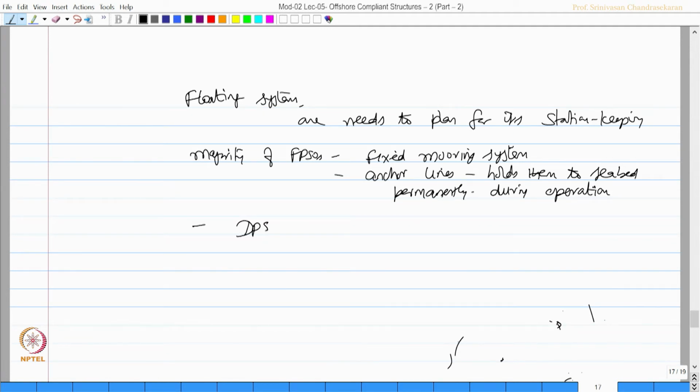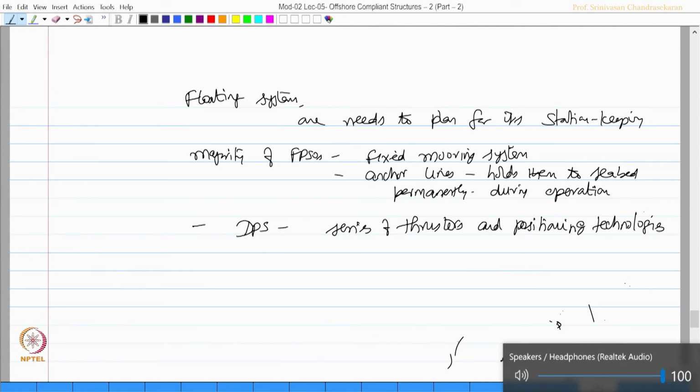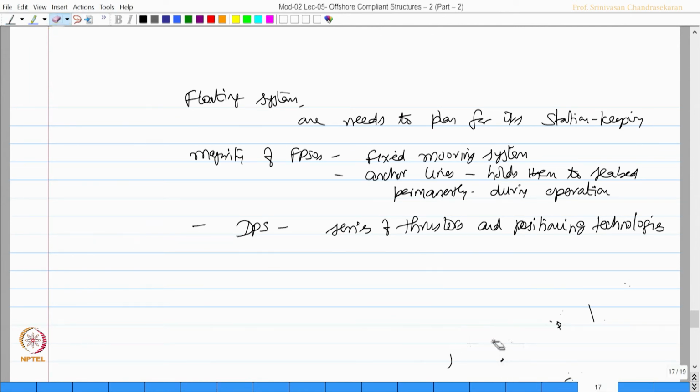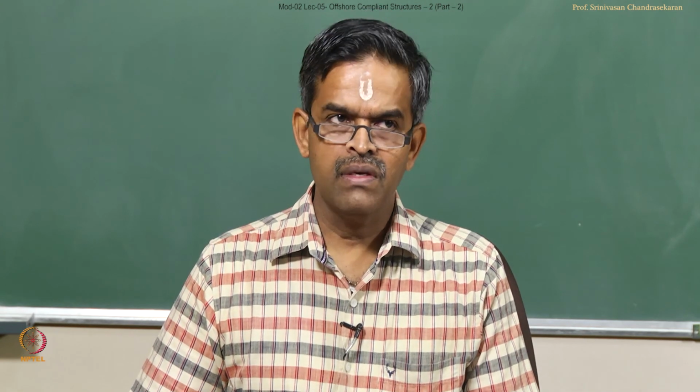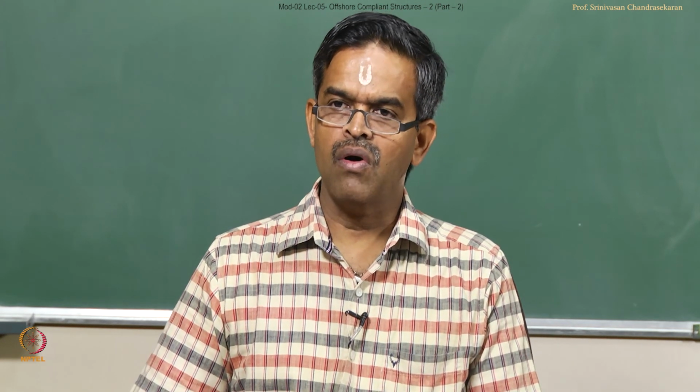Alternatively, you have dynamic positioning systems which can also be useful, which employ a series of thrusters and positioning technologies. More details can be seen in the references we are discussing in the NPTEL website. There are parallel courses which also throw more light on types of offshore platforms. The focus of this course is actually analysis. So, we need to know the structural forms. We are discussing in brief various structural forms which can be useful for oil and gas exploration.